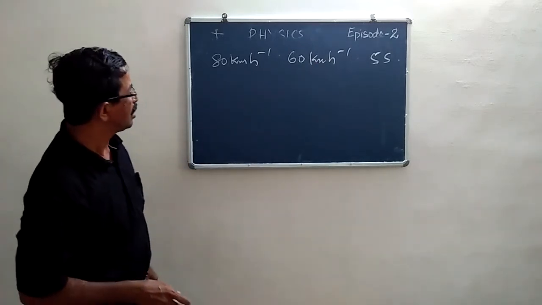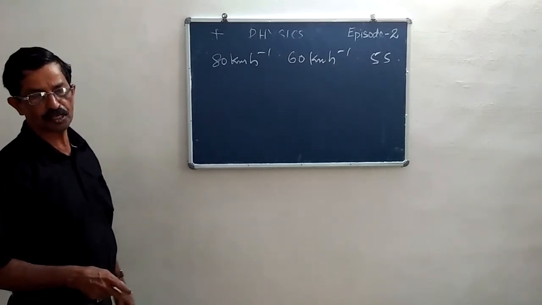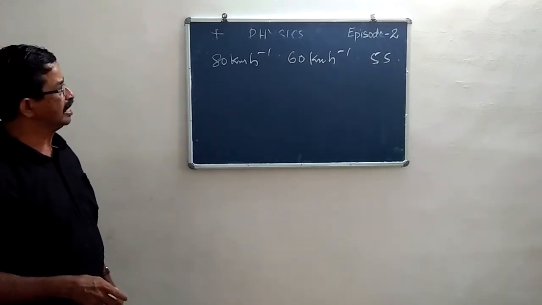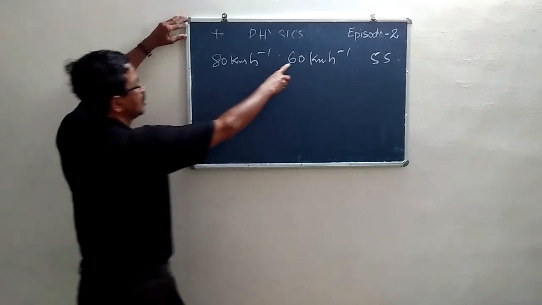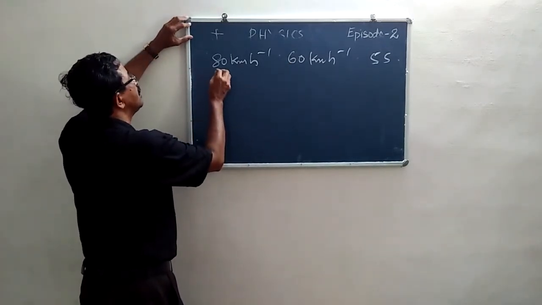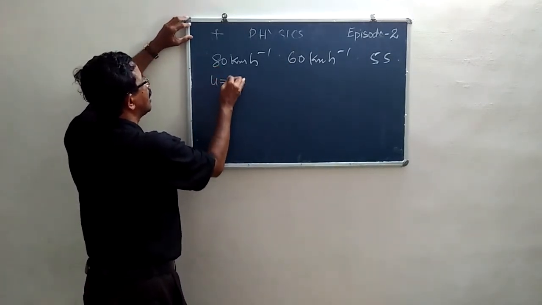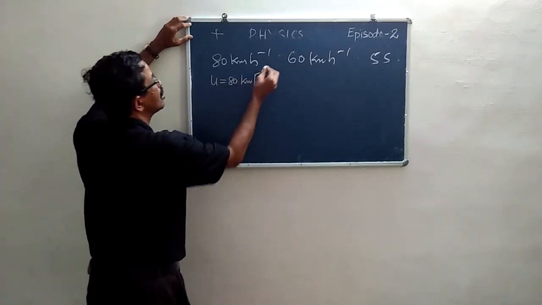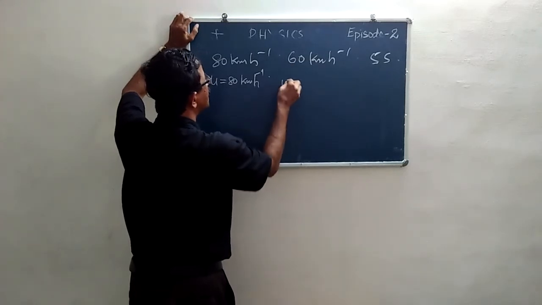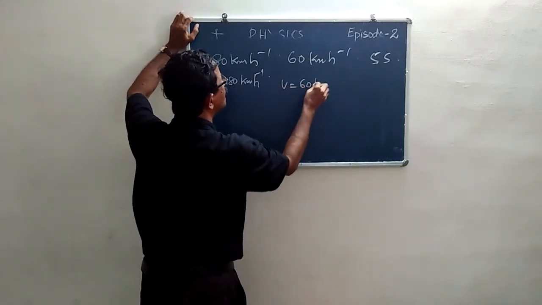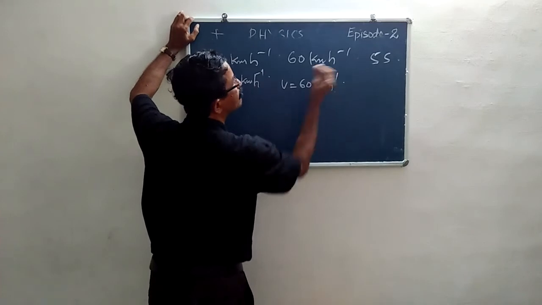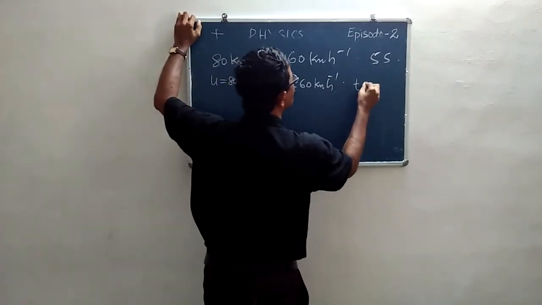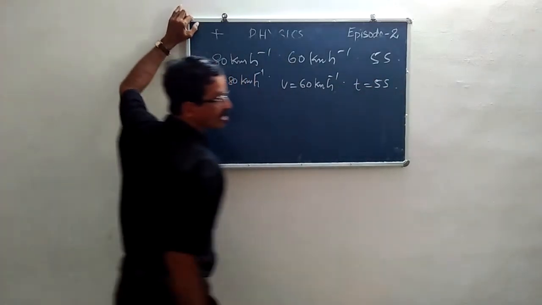We know acceleration is the change in velocity by time. Hence, here, at first its velocity, that is u, is equal to 80 km per hour, and final velocity v is equal to 60 km per hour, and the time t is equal to 5 seconds.